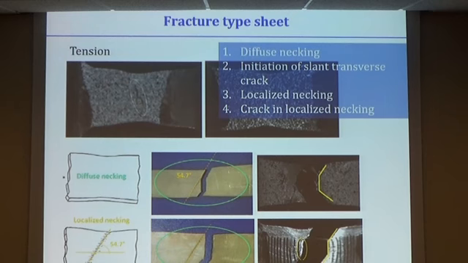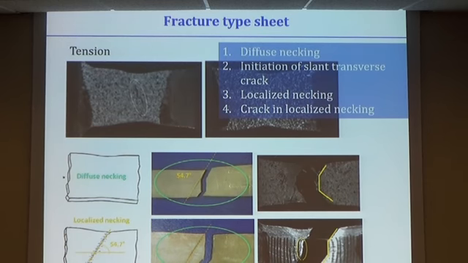A crack slant surface was found in the middle. Then after the fracture, we had localized necking close to this region, and there we followed perfectly what you predict based on the localized necking theory. So we found an angle close to 55 degrees, as you would predict for this type of fracture.